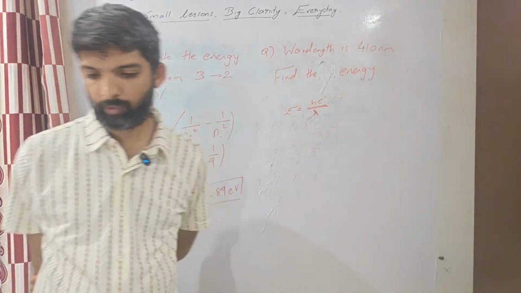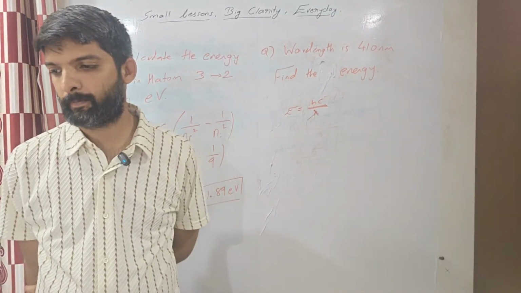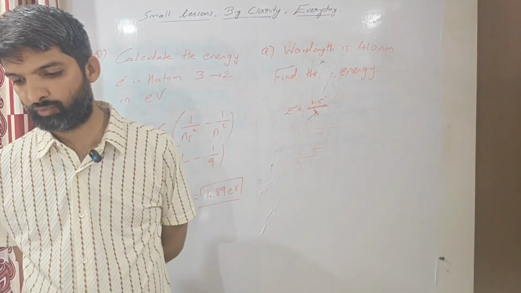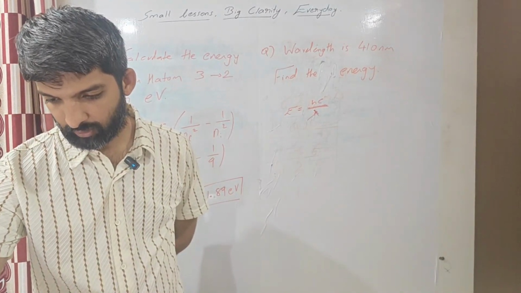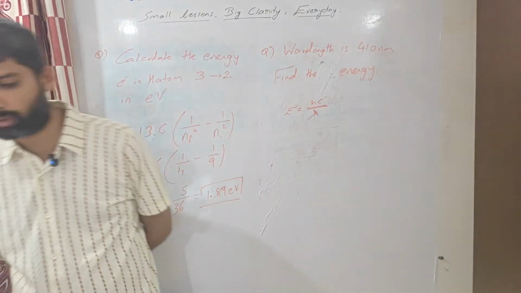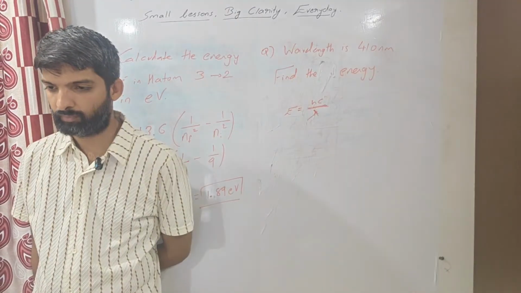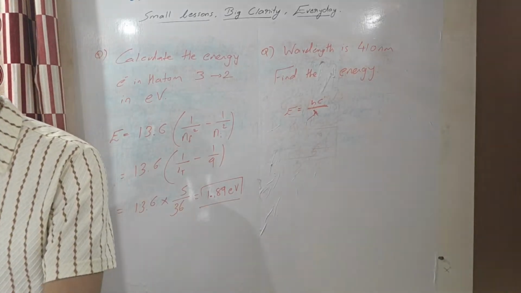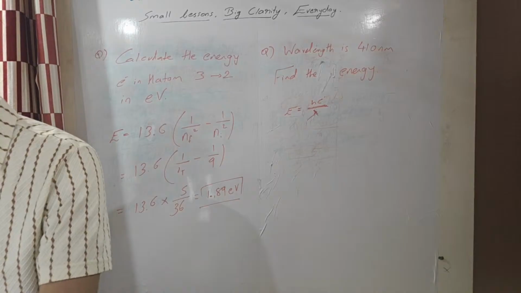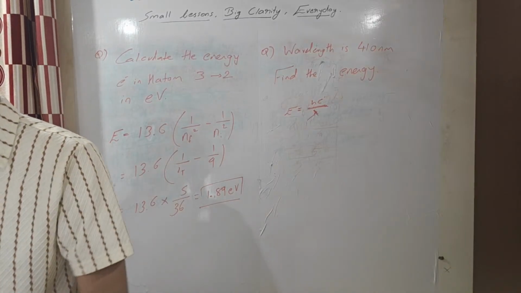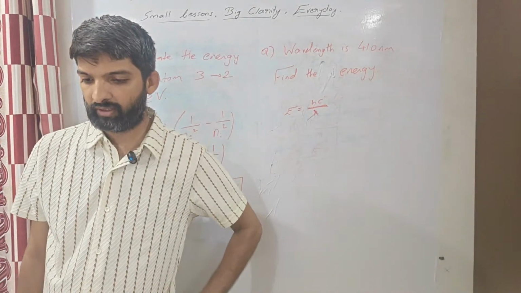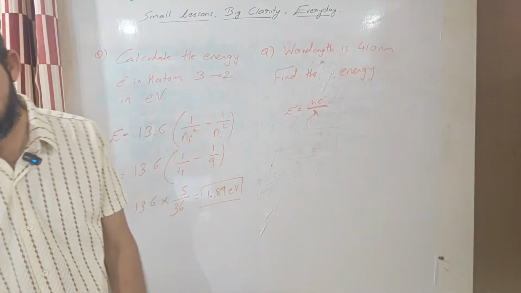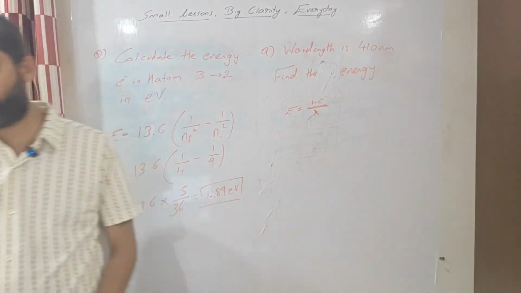You can solve. 4.8 into 10 power minus 19 joule. Okay, that is perfect. 4.8 into 10 power minus 19, that is a perfect answer.